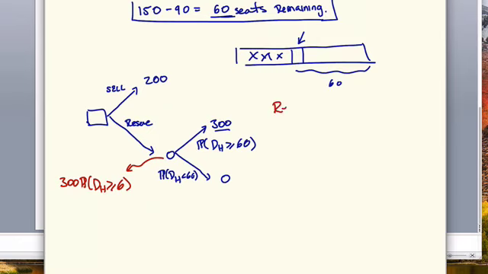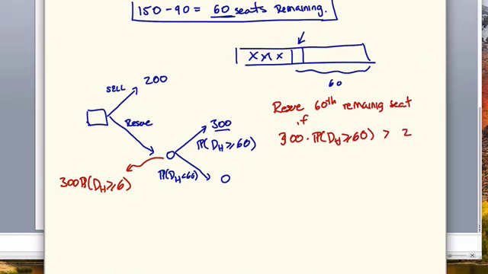And I get this little rule: reserve the 60th remaining seat if 300 times the probability that the demand is at least 60 is bigger than 200. And why 200? Because 200 is what I would get if I chose not to sell it.